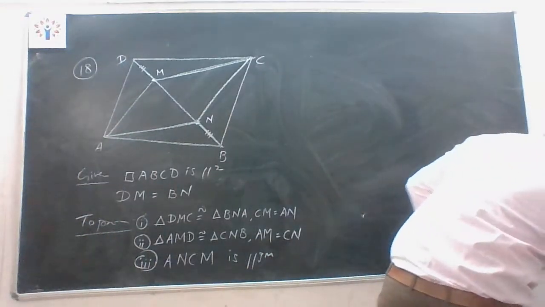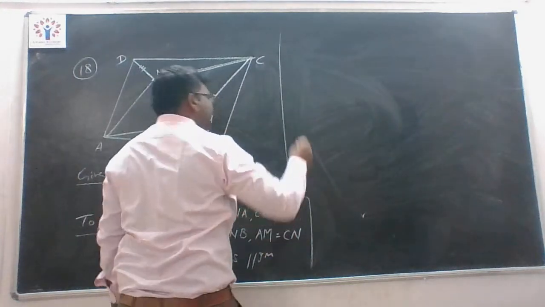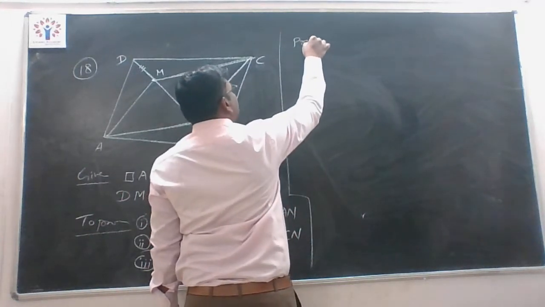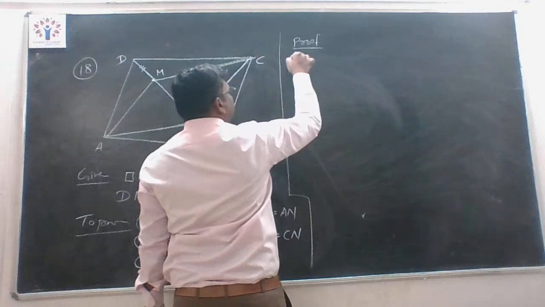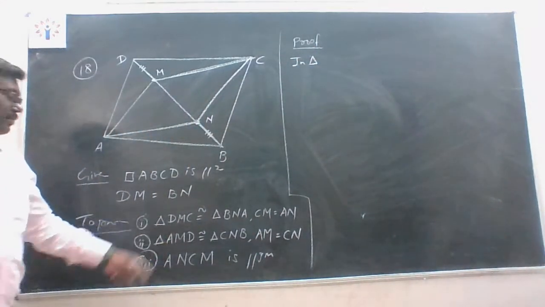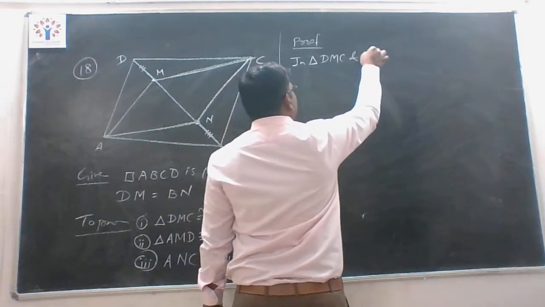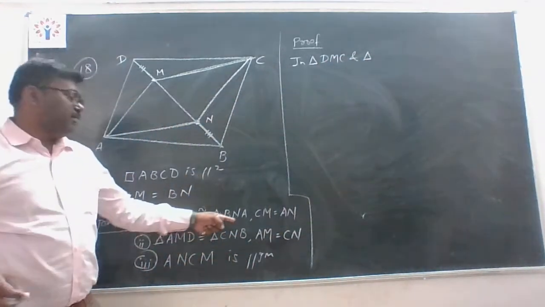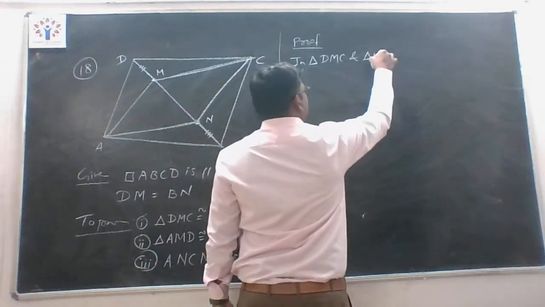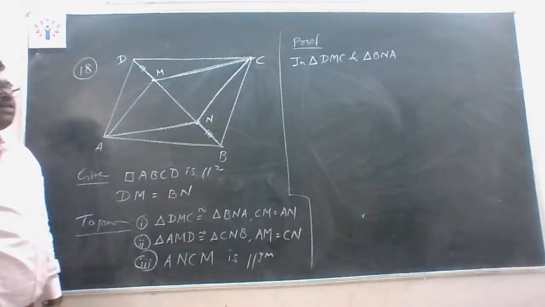So let us start the proof. In triangle DMC and triangle BNA, we want to show that these two triangles are congruent.